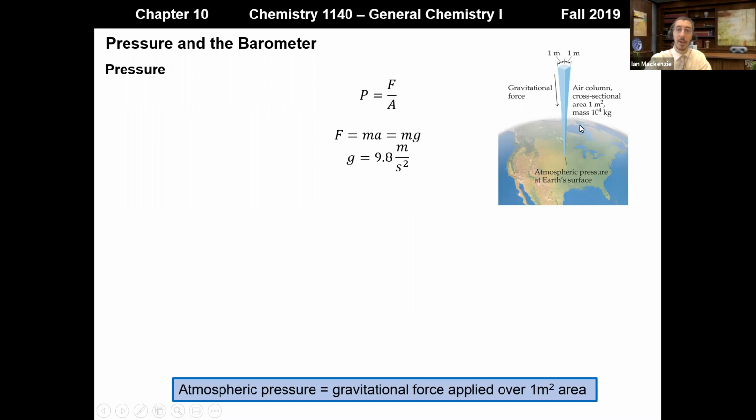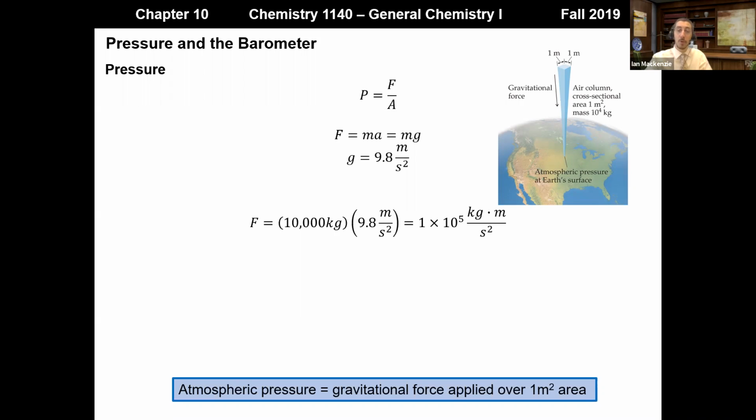And then gravity is pulling down on that. So we can calculate the force due to gravity as approximately 10,000 kilograms times the acceleration of 9.8 meters per second squared, and we come out with a force of 1 times 10 to the 5th kilograms meters per second squared.